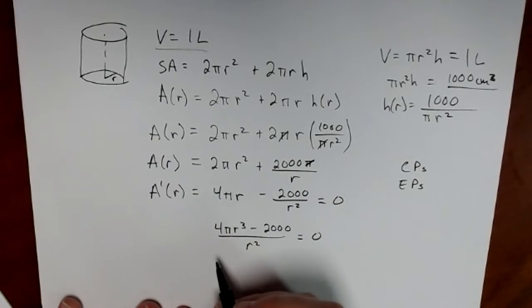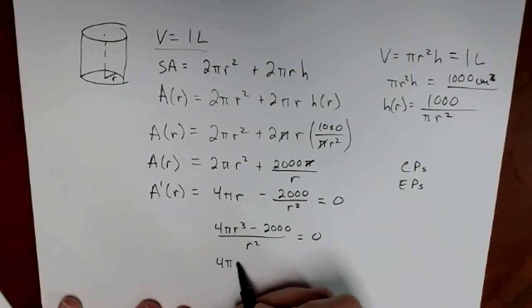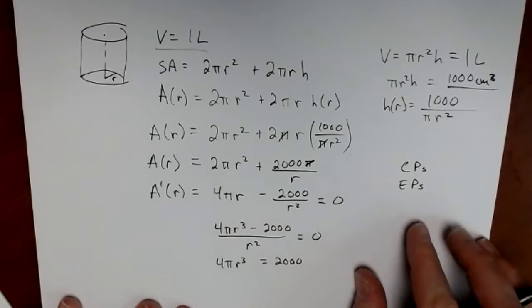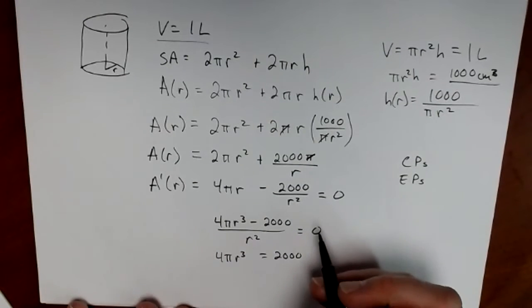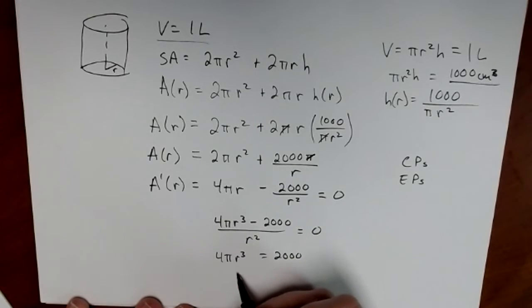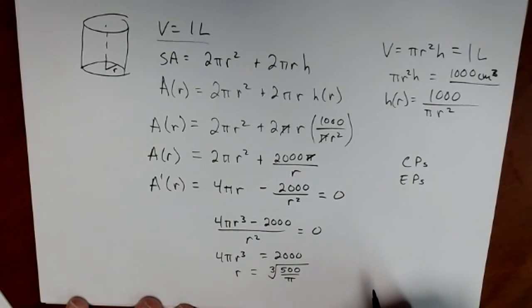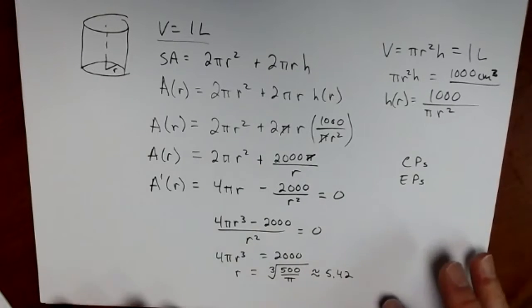The r squared can't be 0, so this is just 4 pi r cubed equals 2,000, which gives us, just a little bit of algebra later, r equals the cube root of 500 over pi, which is about equal to 5.42.